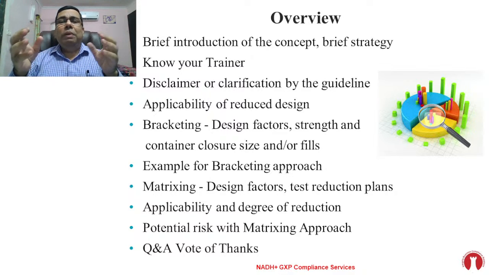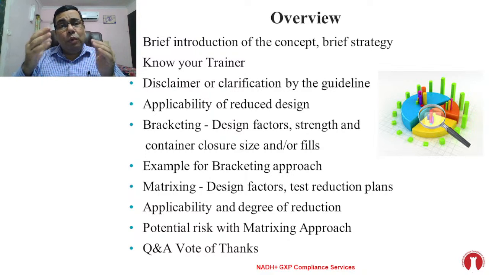You may be aware of ICH Q1A(R2) for stability studies. So the point here is, when we are discussing the reduced design for stability studies, where we can apply this strategy, that we will be discussing under this head. After that, we will discuss bracketing.